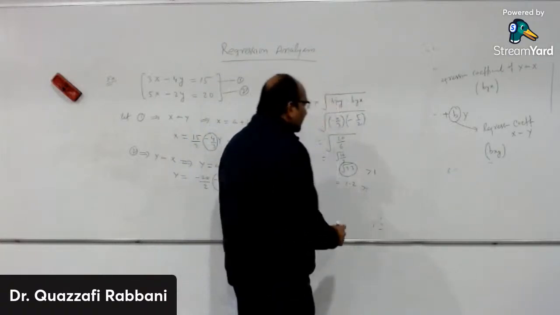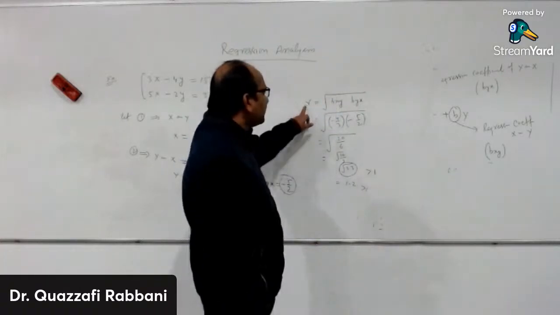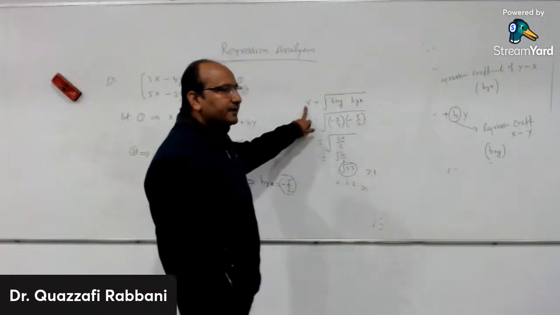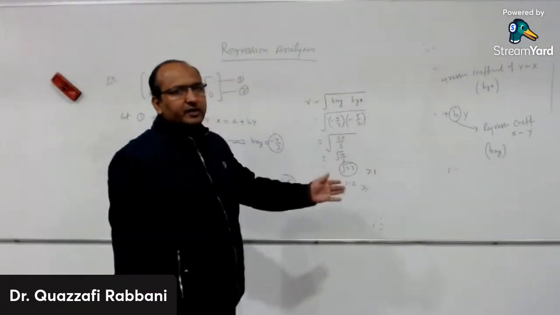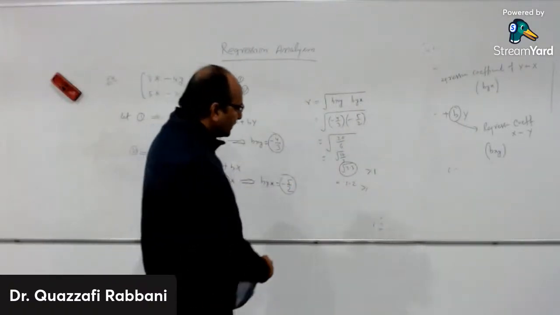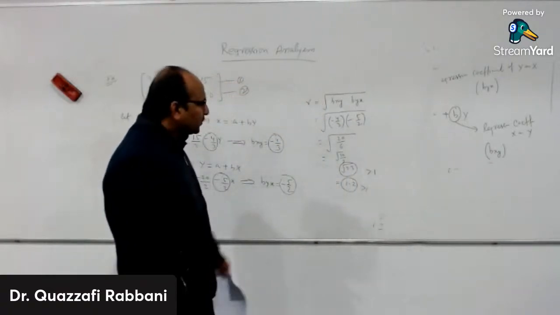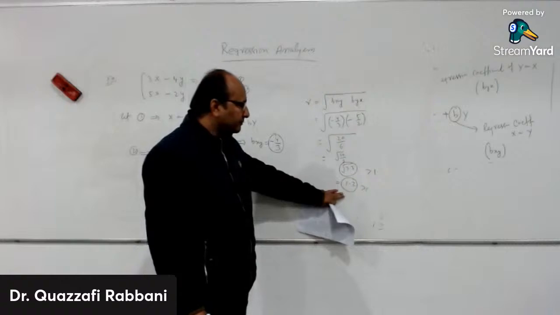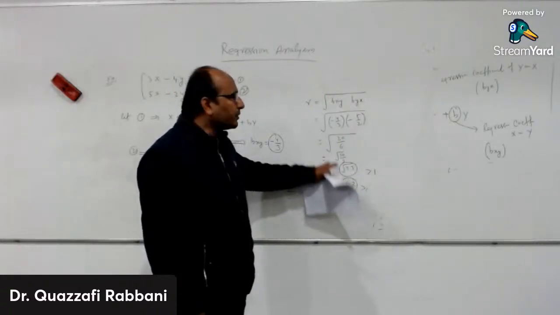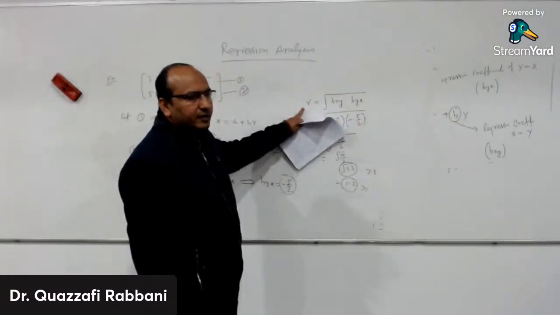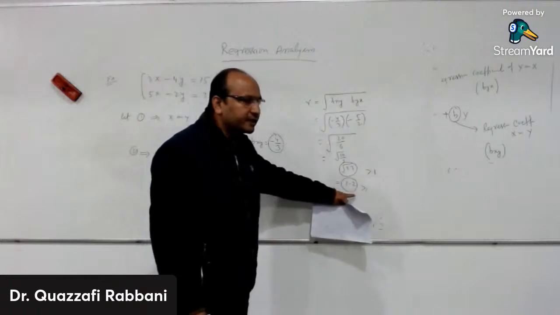And we know that the limit of the correlation coefficient r is minus 1 to plus 1. So here the correlation is beyond plus 1, so it is not possible. The value of r can never be greater than 1.